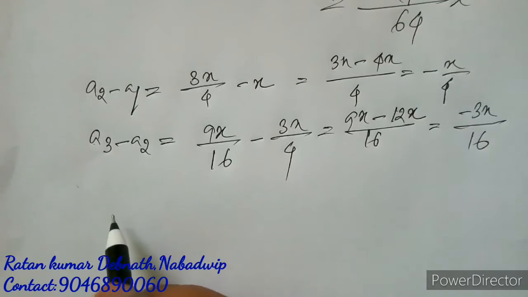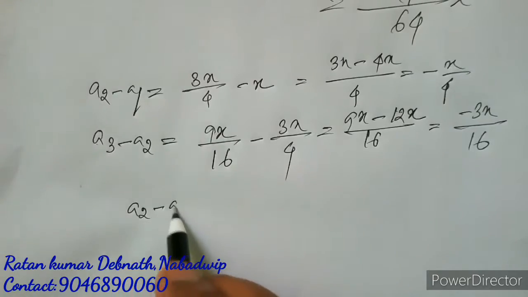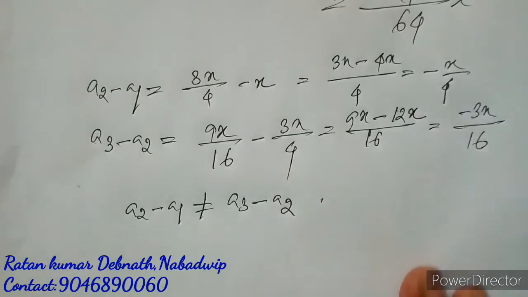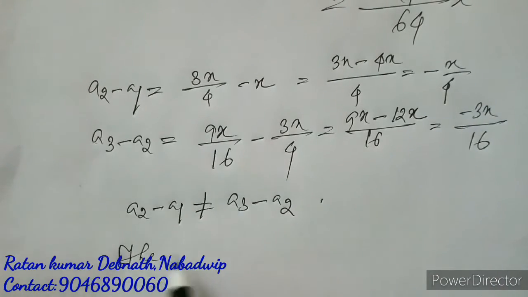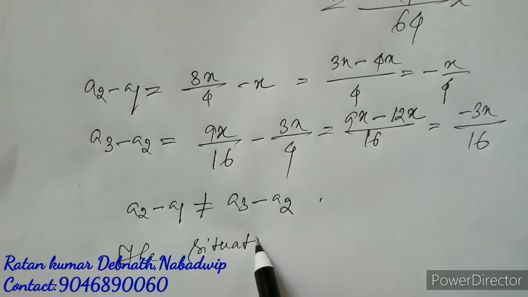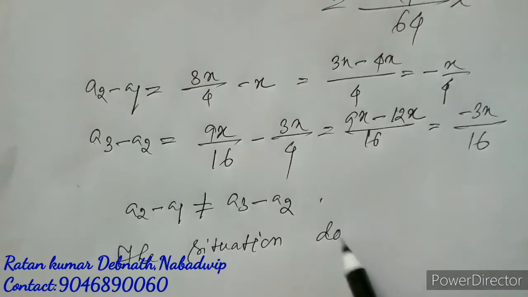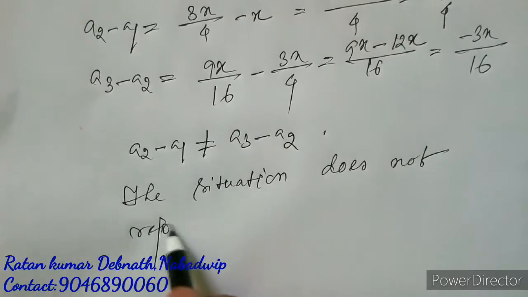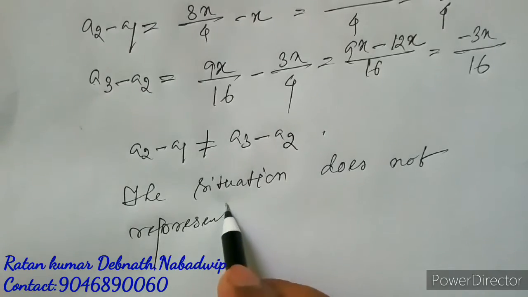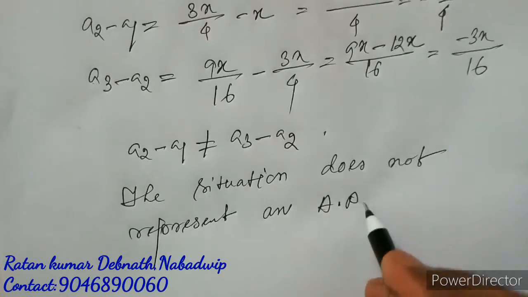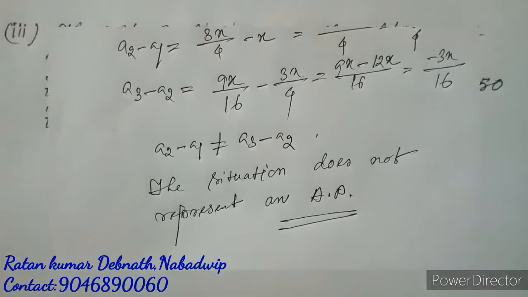So we can observe A2 minus A1 not equal to A3 minus A2. Therefore, the situation does not represent an AP series or arithmetic progression.